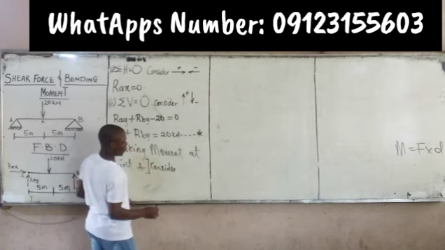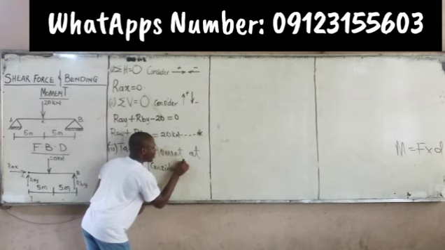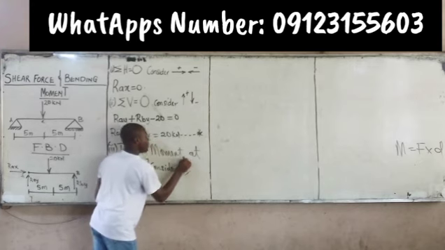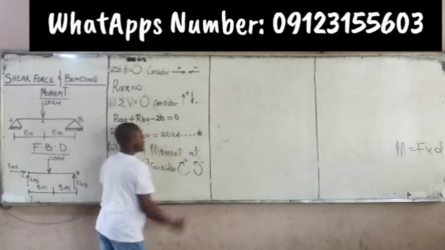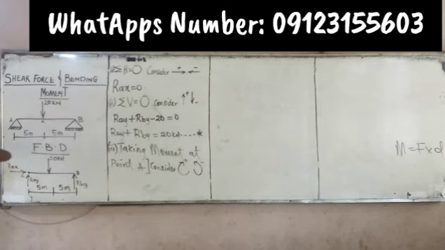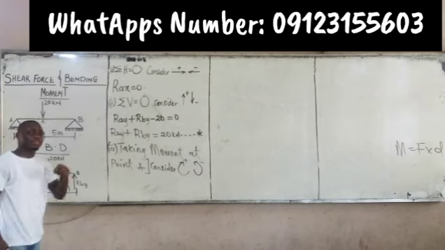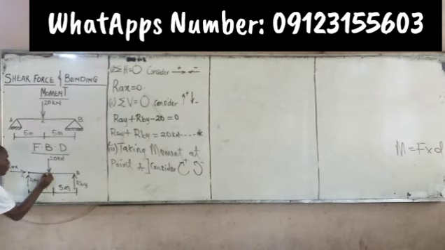Consider clockwise to be positive and anti-clockwise to be negative, right? Now, let's have this point below here. This man here is going to move to meet point A. Since we are taking moment at A, all the remaining forces will move to A.